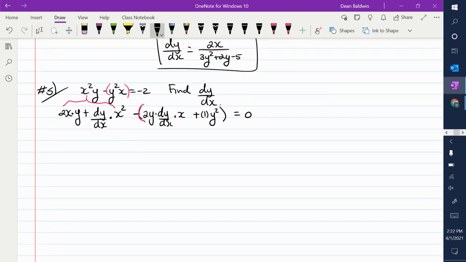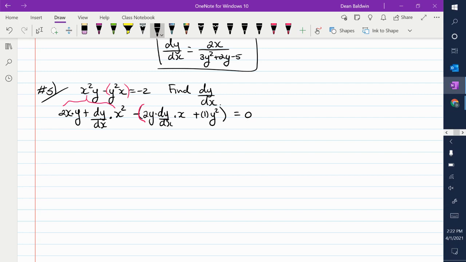Because this is product rule, and inside here is product rule as well, right? This negative's on the outside of the brackets. Do you know what I mean? Because product rule says it's plus the derivative of y, which is dy/dx, times the other function.